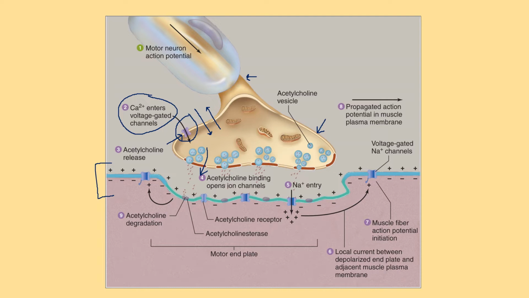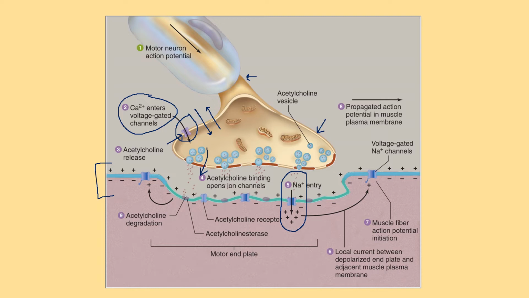And we can also see these molecules of acetylcholine binding to an acetylcholine receptor, and that acetylcholine receptor is a ligand-gated sodium ion channel. So when acetylcholine binds to the receptor, the gate opens, and this allows sodium to flow along its electrochemical gradient.